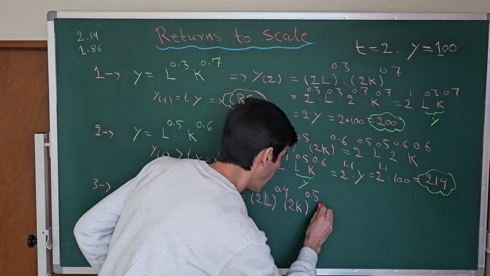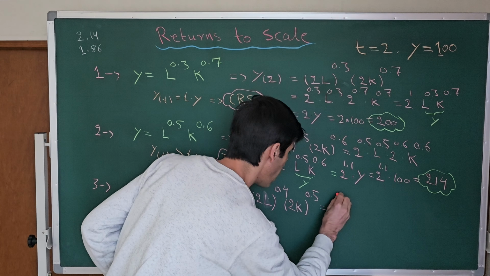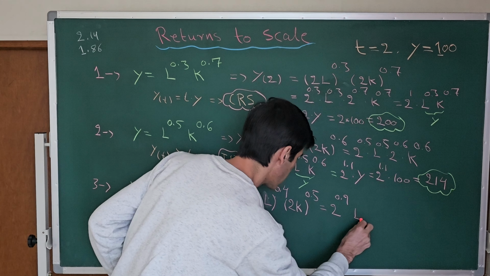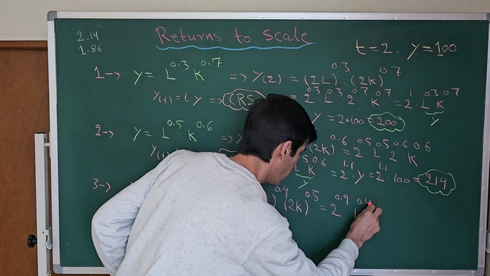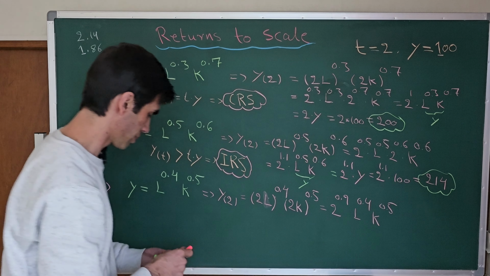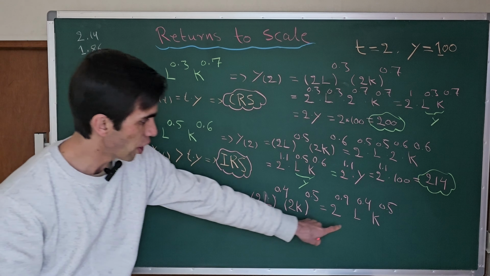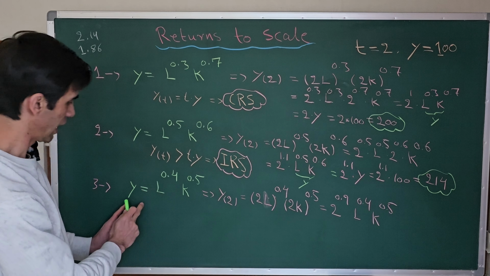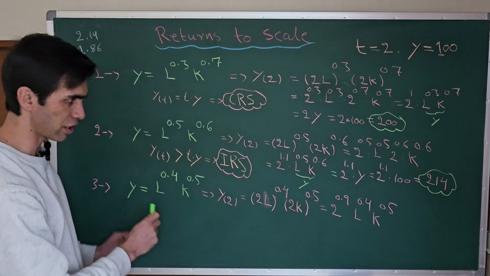We will have 2 to the power of 0.9, then L to the power of 0.4, K to the power of 0.5. And again, we know that L to the power of 0.4, K to the power of 0.5 is equal to the initial production function.